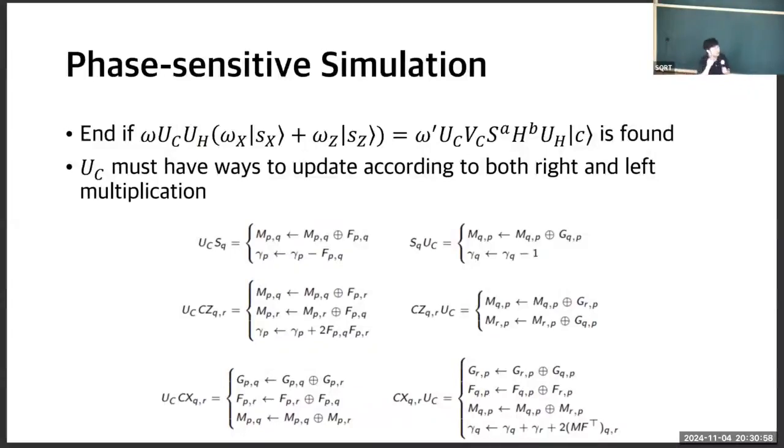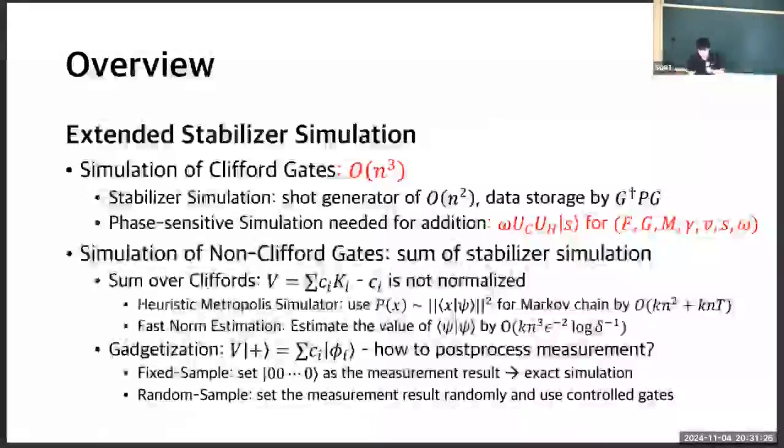So V_C, S, and H here are the leftovers to match the C here from S_X and S_Z, and they are just implemented by the stabilizer simulation as an update in the original stabilizer simulation, and U_C would have right and left multiplication of C-type Clifford gates.